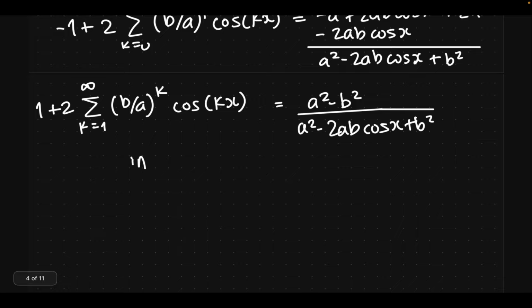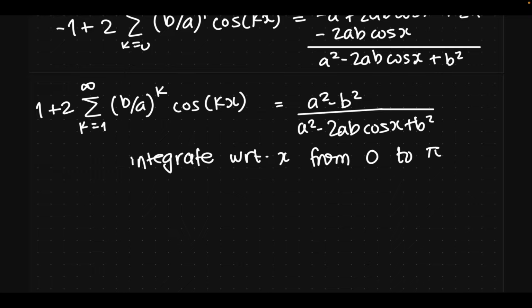Now all we can do is just integrate both sides, with respect to x, obviously, from 0 to pi, because that was the original integral. When we do that, we get a pi factor from the 1 here, and the cosine integral from 0 to pi will be, the antiderivative is a sine, and sine from 0 to pi will always be 0 if you evaluate the upper and lower bounds.